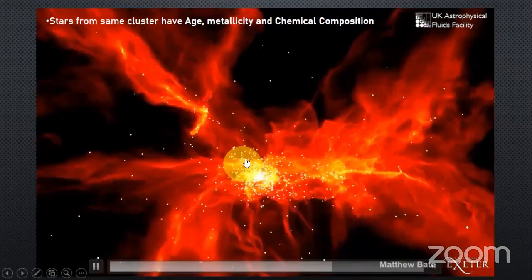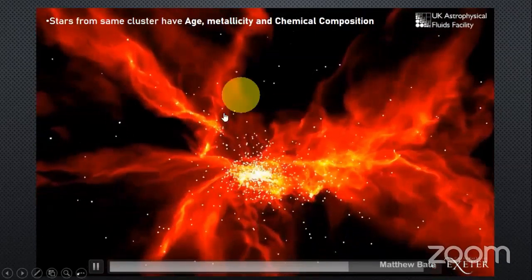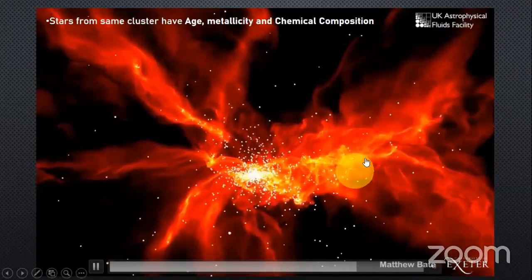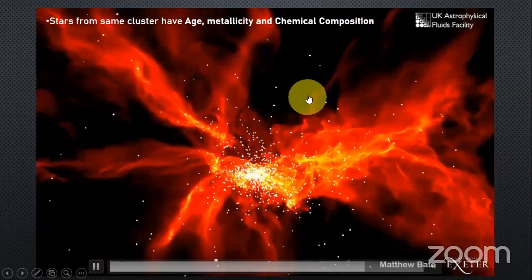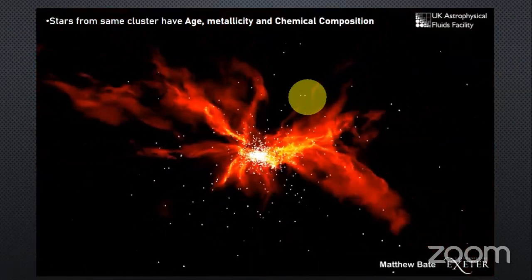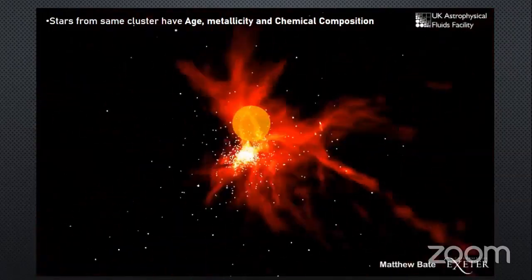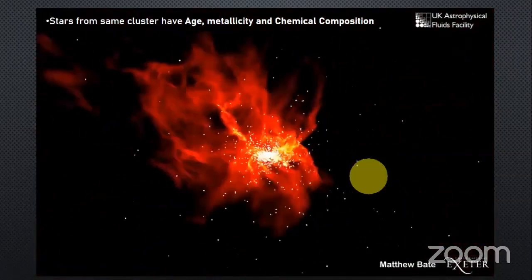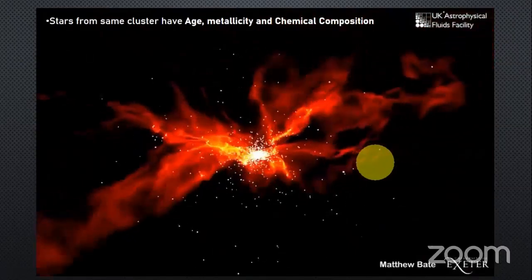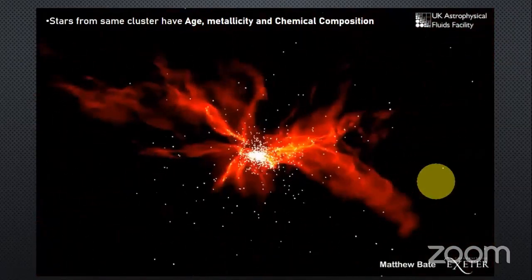Here is a 3D depiction of the star cluster, showing that. So that is how clusters are formed, whether it is an open star cluster or a globular star cluster.